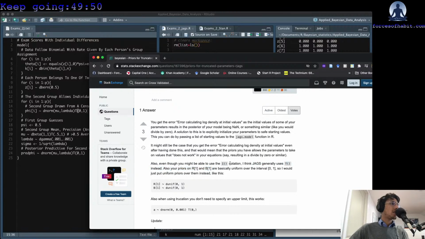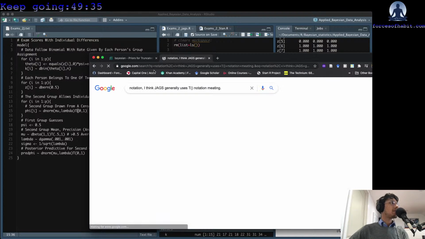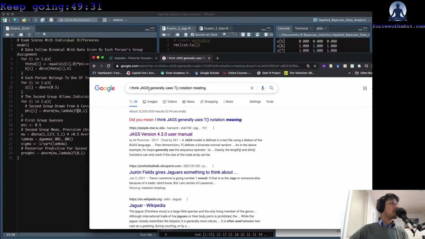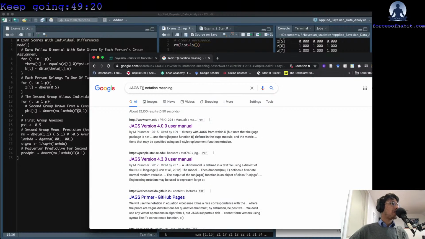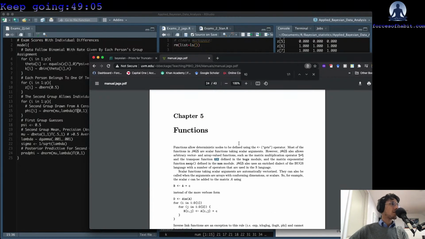JAGS T notation meaning. Transpose. That's not what we're talking about. Capital T is something different, I think.